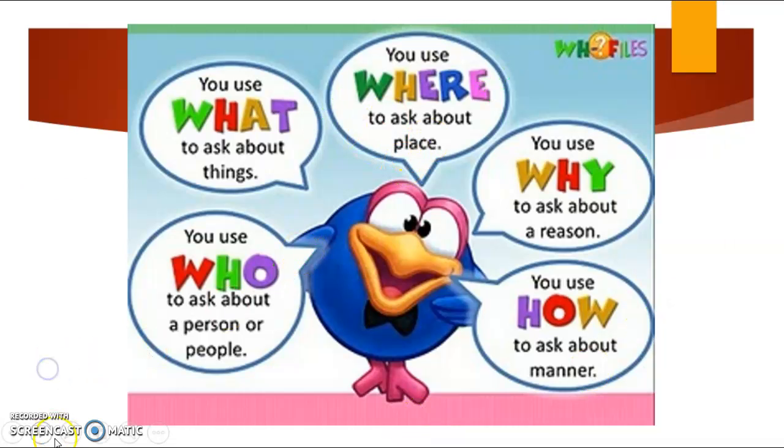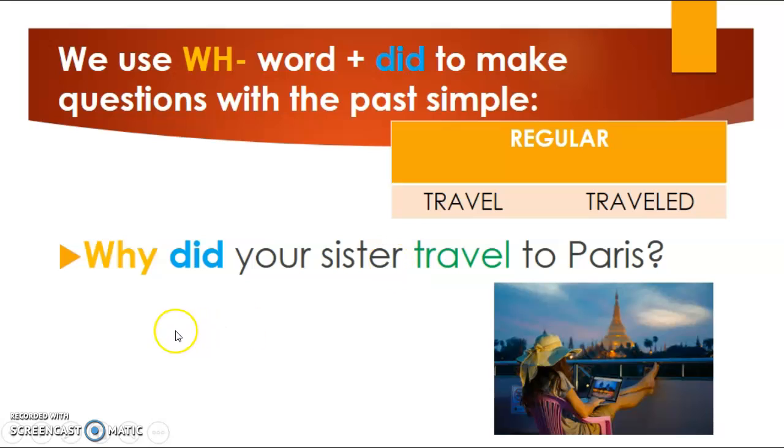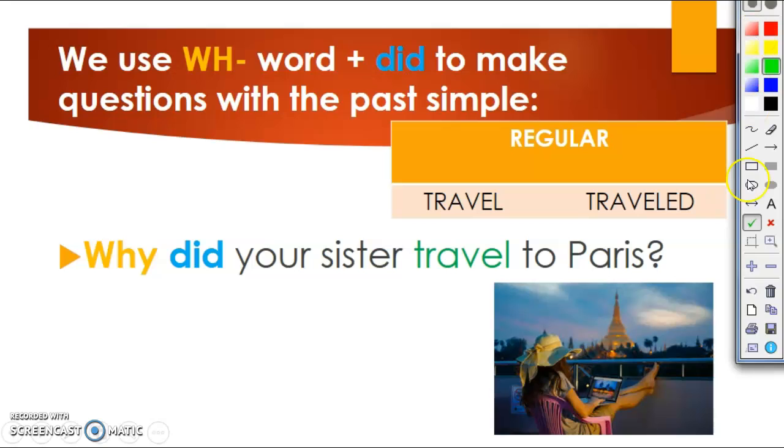And for information questions, we need WH words. This is an information question. We use WH word plus did to make questions with the simple past or past simple.